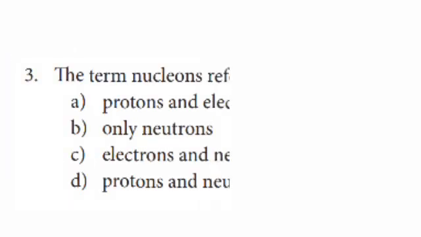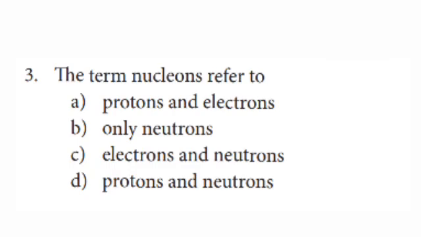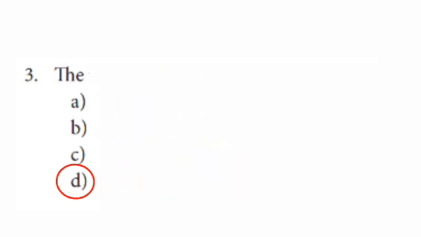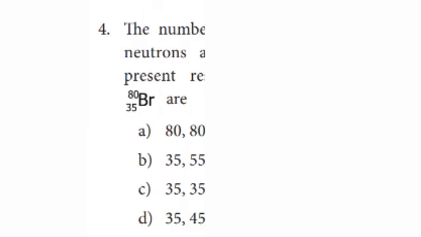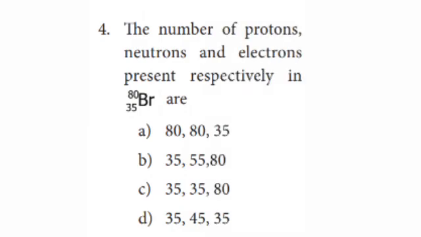Question number 3. The term nucleons refers to. The correct answer is option D, protons and neutrons. Question number 4. The number of protons, neutrons and electrons present respectively in 35 bromine 80 are.